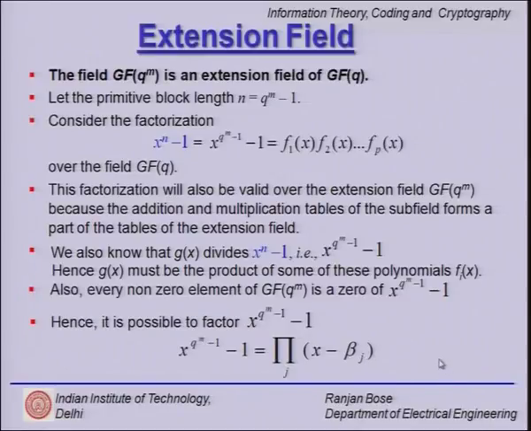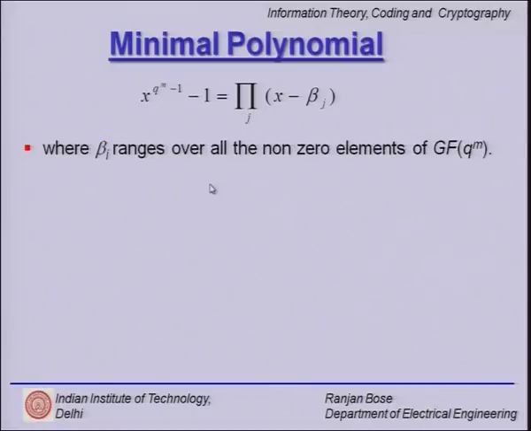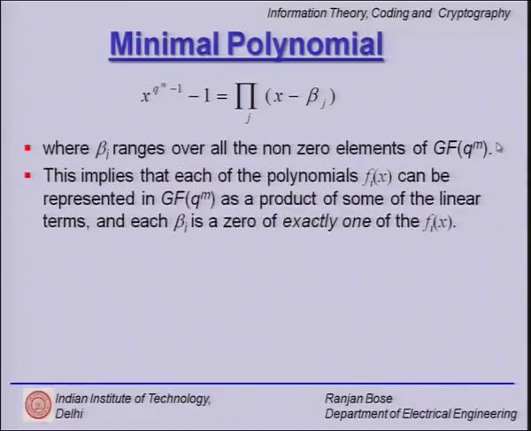We have just seen that. So, this can be written, and b_j ranges over all the non-zero elements of this extension field. We had just done this example. Now, this implies that each of the polynomials f_i(x) can be represented in GF(q^m) as a product of some of the linear terms.